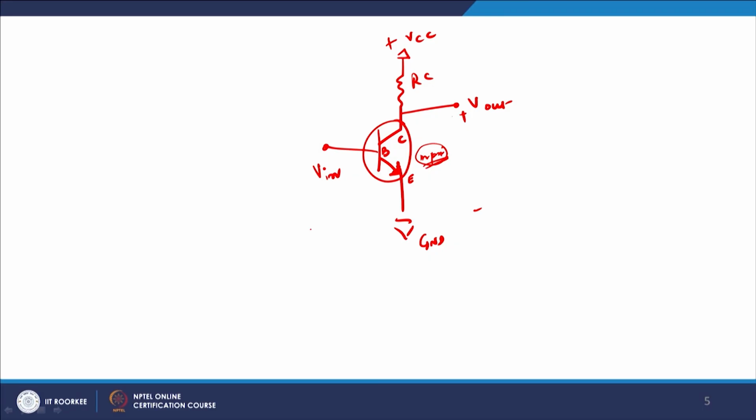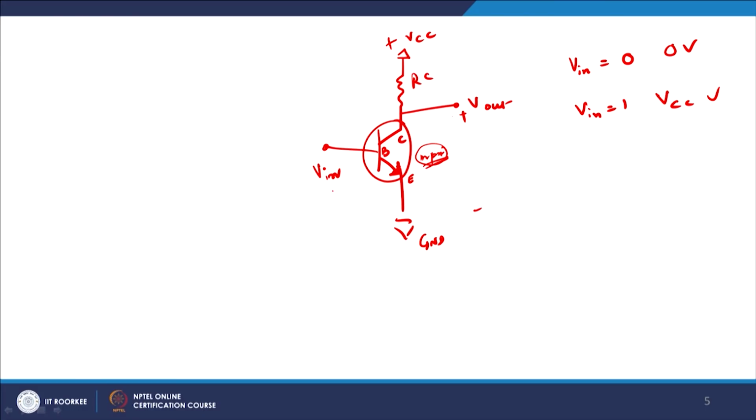Let us look at the digital part of it. So if my V in is 0 or my V in is 1, 1 meaning, let us suppose, VCC or a large value, and 0 meaning 0 voltage. This is the condition which I am maintaining.